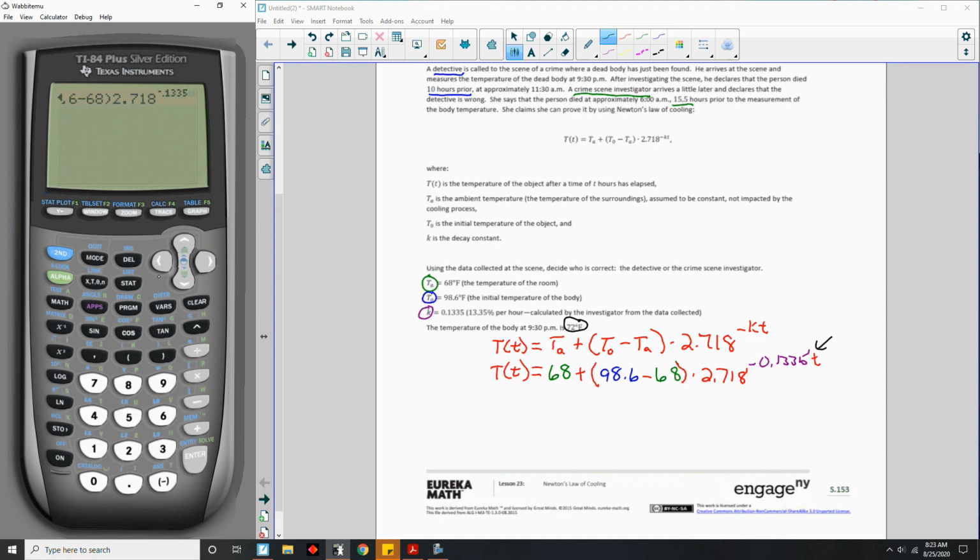And this time, our time T is going to be 15.5. And when I do that, I get 71.86 degrees, which rounds to 71.9, which is really close to 72. So I would say T, the time, is approximately 15.5 hours. So who's right? The crime scene investigator.